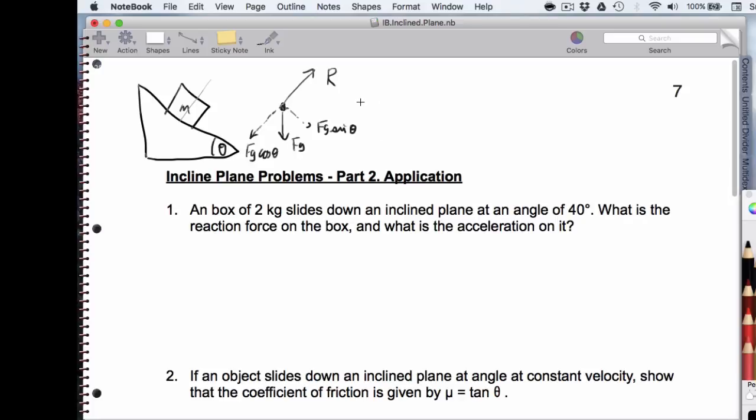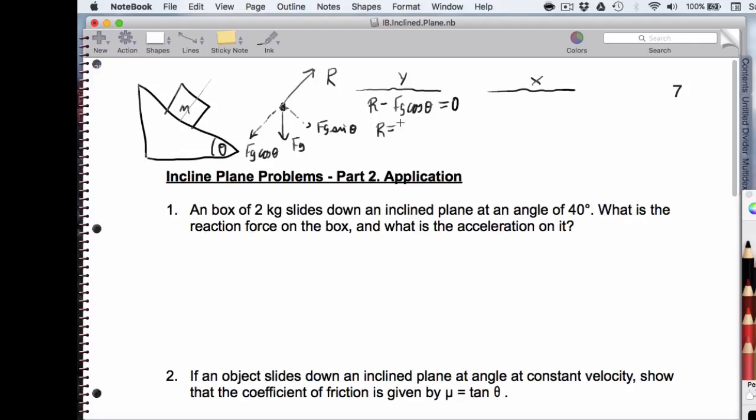Now, in the y direction, this is not a fraction, this is just me underlining the letter y to create a column, and same with x. So I'm going to say that R balances FG cos theta, because the forces balance in that direction. The box doesn't accelerate, and doesn't crash into the inclined plane.